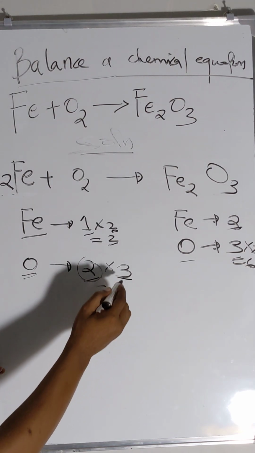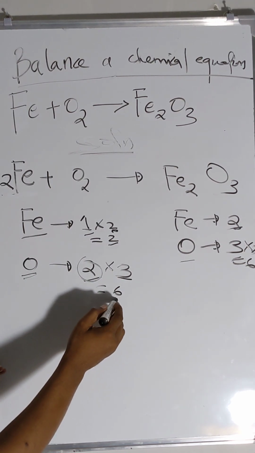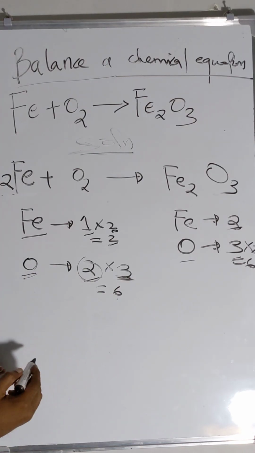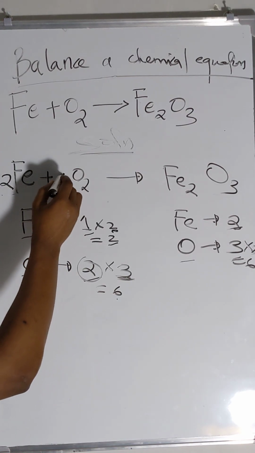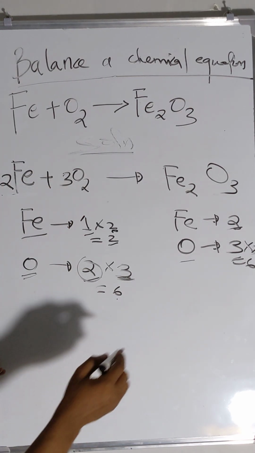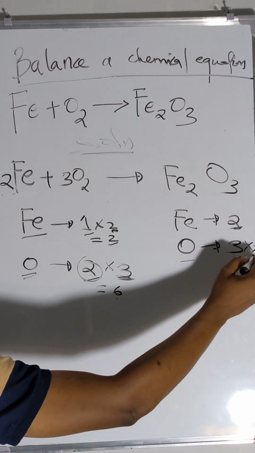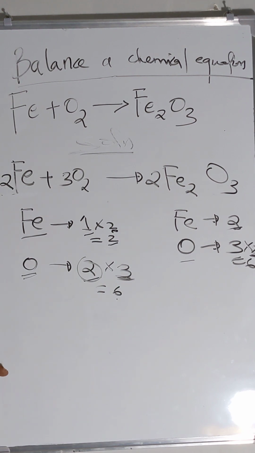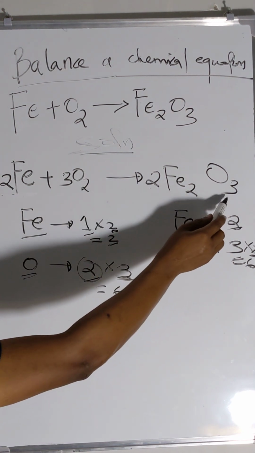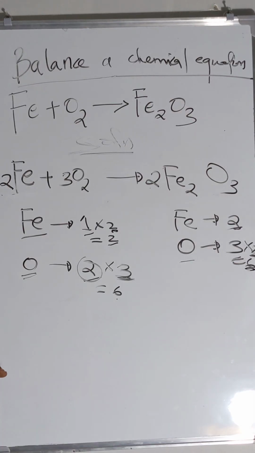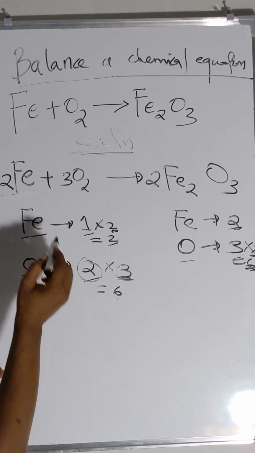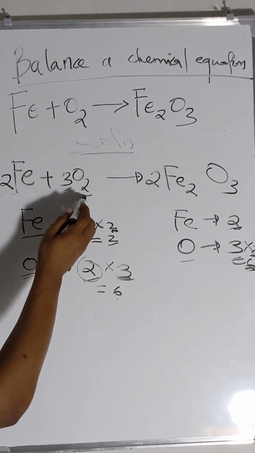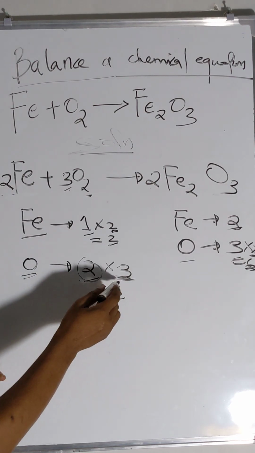Therefore, this factor of multiplication, if we put it here, and also this factor of oxygen, if we put it here, you see, this one times this 3 gives us 6. And this one times this one gives us 6, which is 2 times 3.